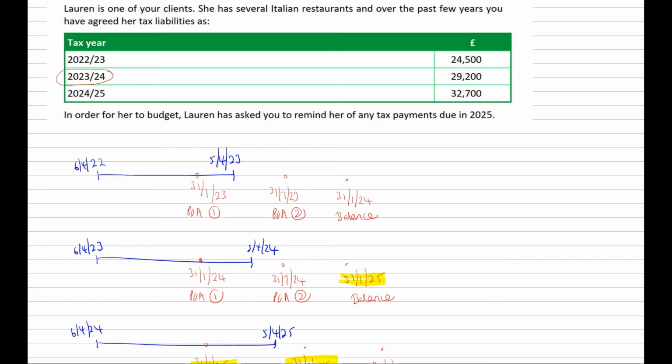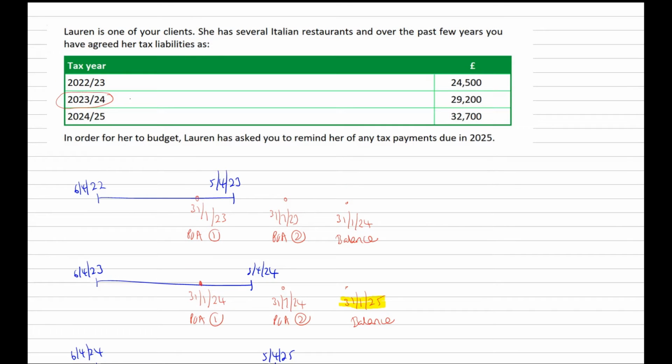But HMRC don't want to wait for their money. So they will ask us to make these deposits or payments on account, if you like. And the payments on account are going to be based on the previous year's tax bill. So my payments on account in this 23-24 tax year will be based on 50% of last year's liability.